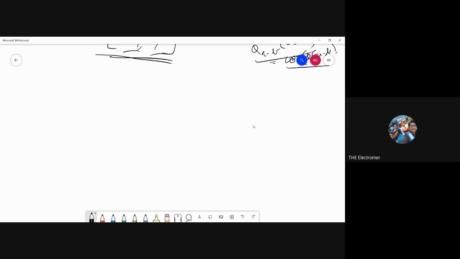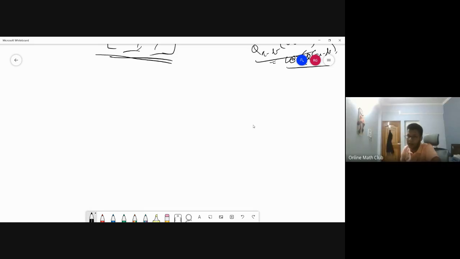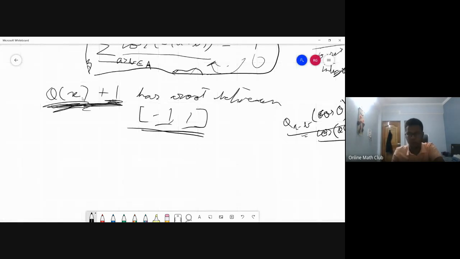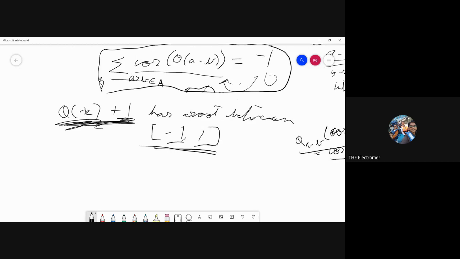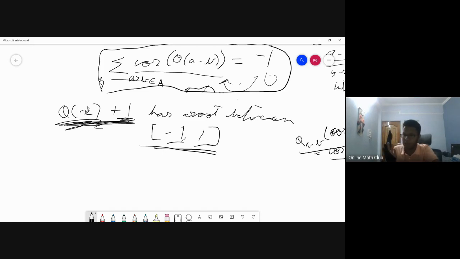I'm looking at it as a general polynomial, just q of x plus 1. I'm not very acquainted with complex values; cos does not take complex values.